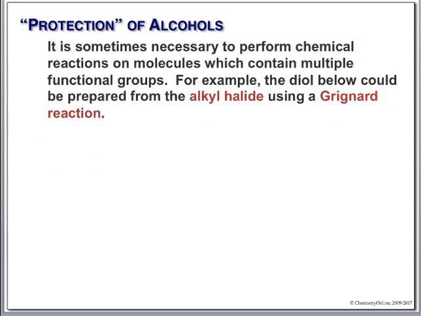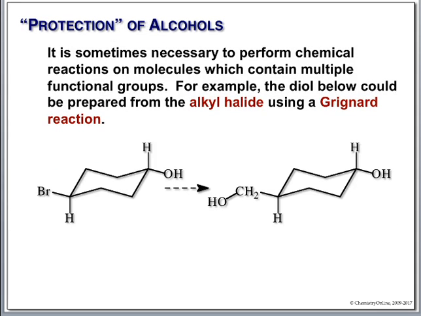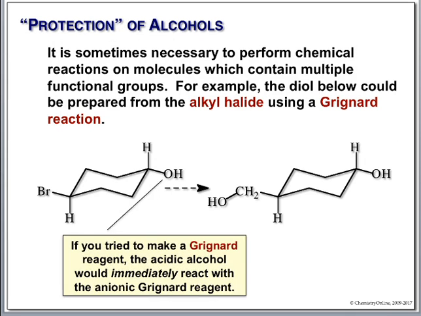An example. If we wanted to make this into a Grignard reagent, we couldn't, because the OH here would simply react with the Grignard reagent itself. If we tried to do this, it would decompose instantly and nothing would happen.